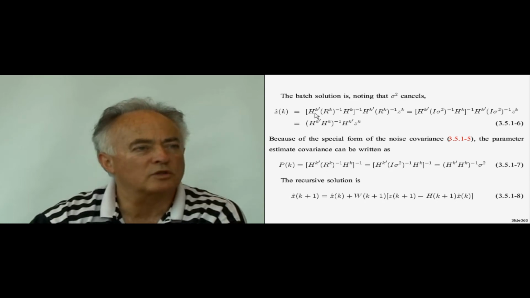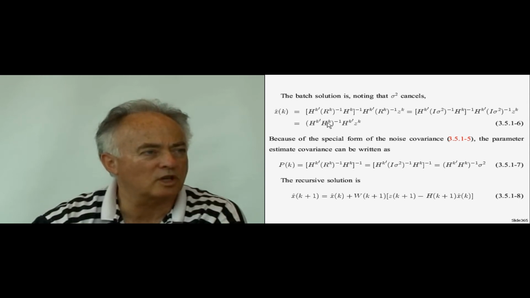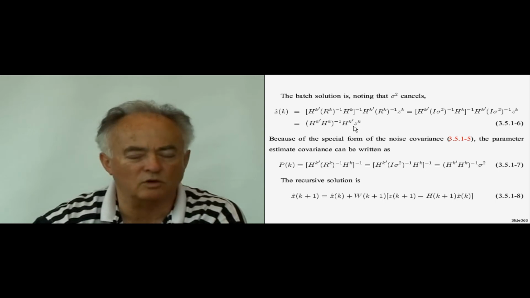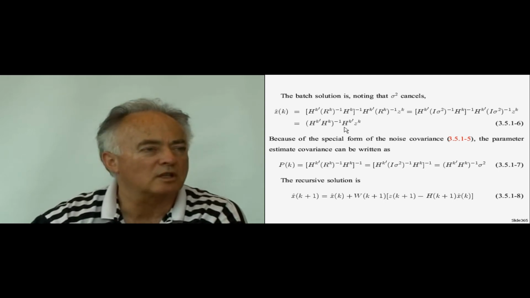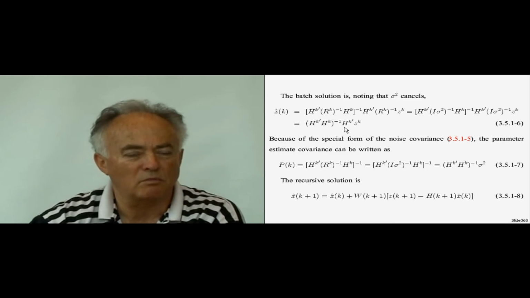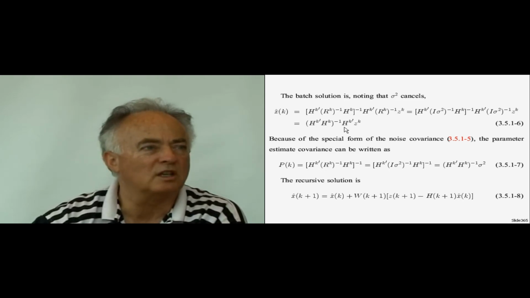Because this is an identity matrix, it really boils down to (Hk' Hk) inverse Hk' z super k. So this is a stacked vector of the measurements, and Hk is the stacked matrix of the single-measurement [1, t] matrices.